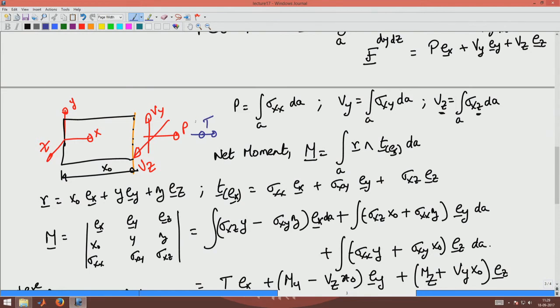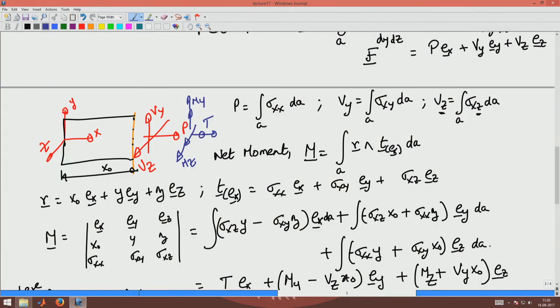This is a torsional moment, this is an Mz moment, and this is the My moment. Basically, the direction of my thumb points to the direction of the moment. If a moment is bending like this, my thumb points in the z direction, so that is an Mz moment. If my moment is bending the beam like this, my thumb is pointing in the y direction, so that is a My moment. Okay. So basically we understood that the cut surface produces some force and some moment in the body, okay, because it is not uniformly distributed.